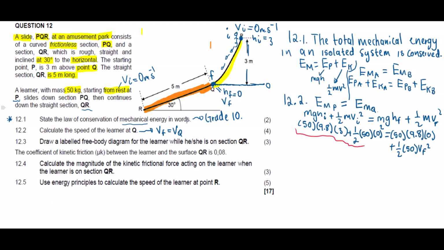Let's simplify the part on the left there. When we add this part on the left, we will see that it's going to be 50 times 9.8 times 3.